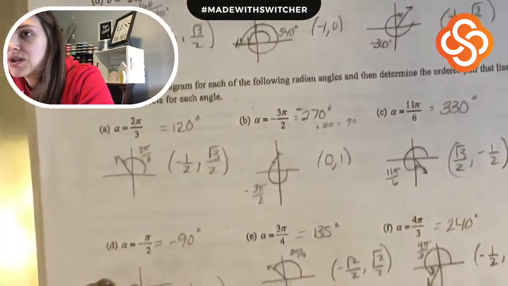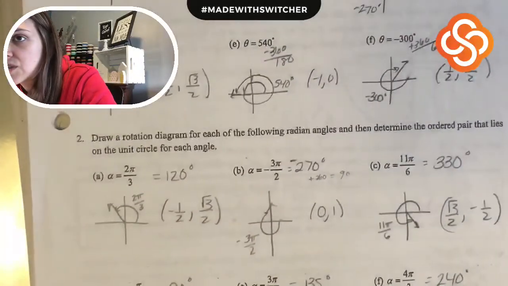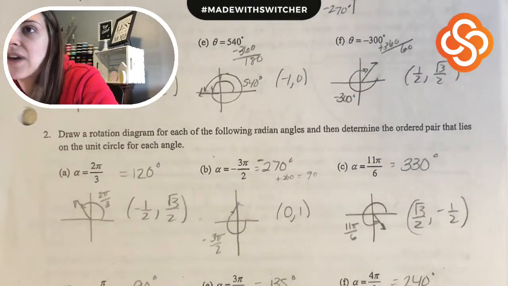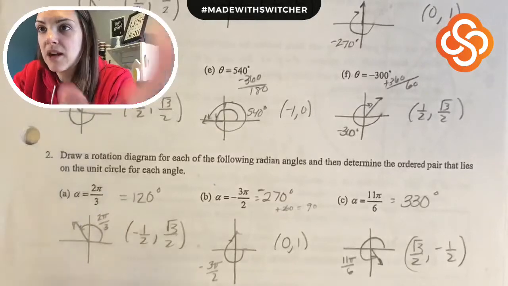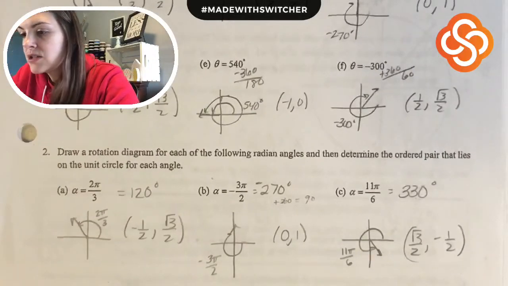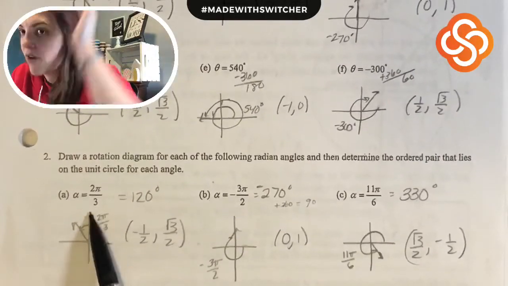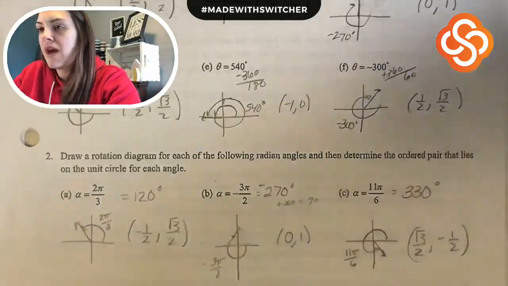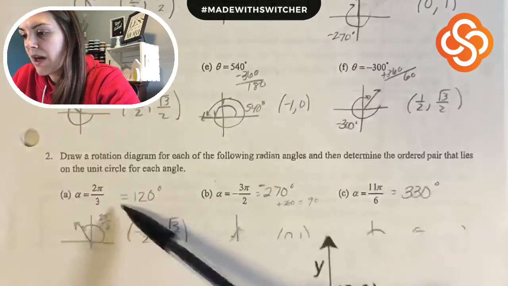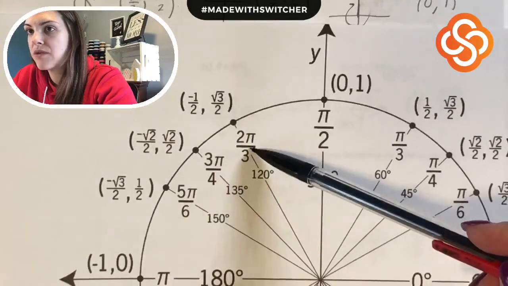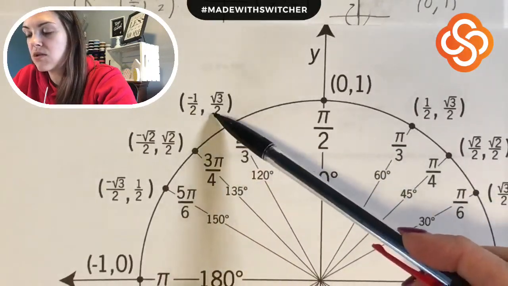Moving on to question 2, it says draw a rotational diagram for each of the following radian angles and then determine the ordered pair that lies on the unit circle. So basically the same idea, except we have our radian measure. If you have your diagram and your 2 pi over 3, you can see what the coordinates are.